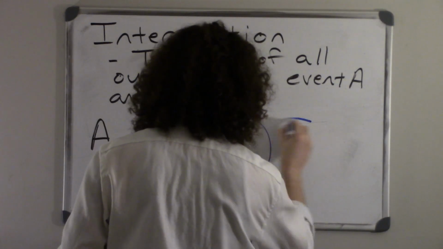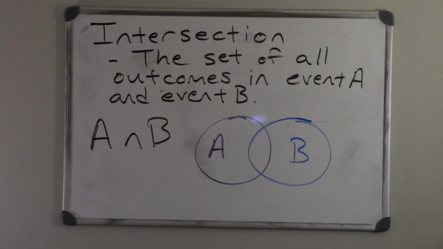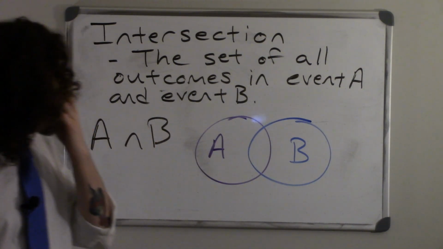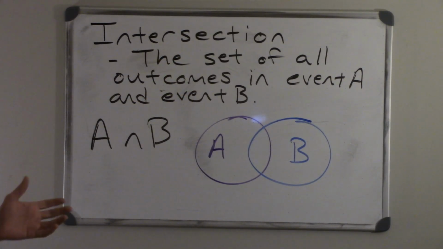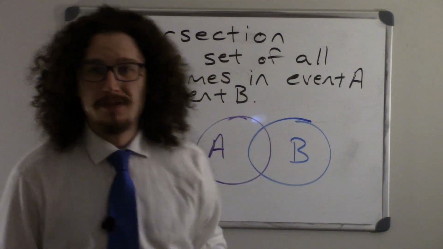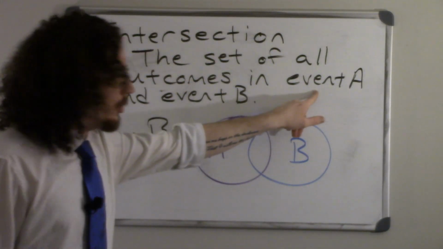Once again, let's look at this graphically so we can get a visualization of what's going on. Here we've got event A, we've got event B, and this definition of what an intersection is sounds kind of familiar. It sounds a lot like the definition of a union. But it is different, because now we're saying it's event A and event B, not A, B, or both.